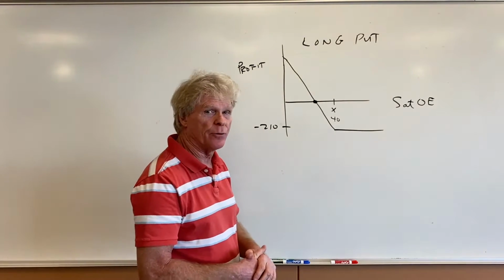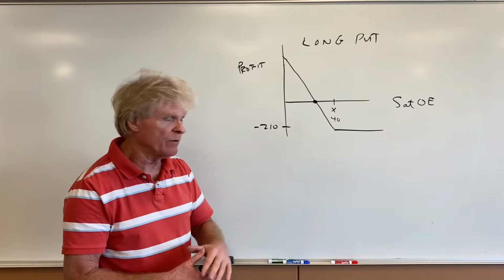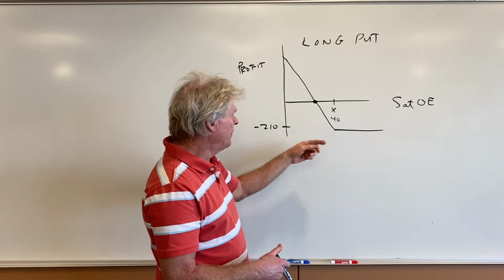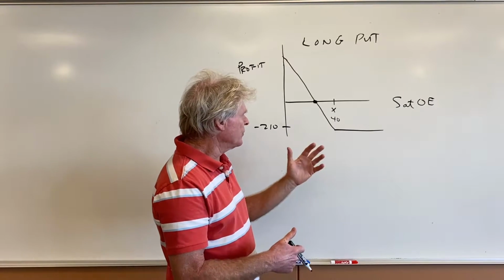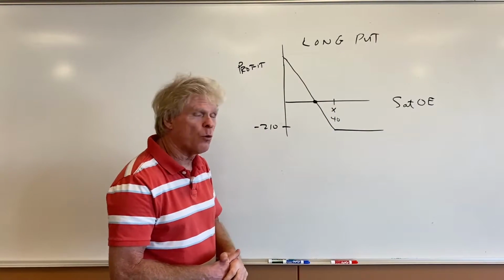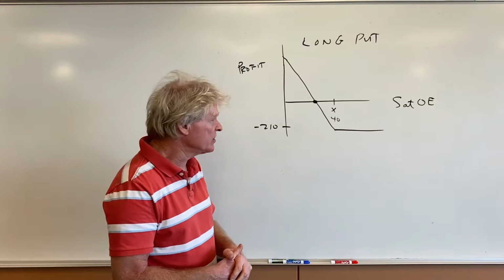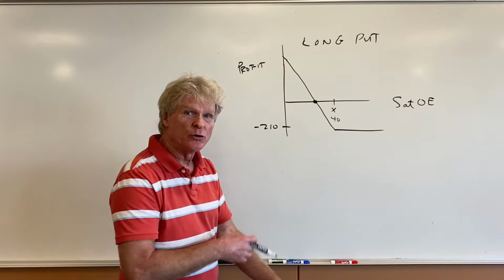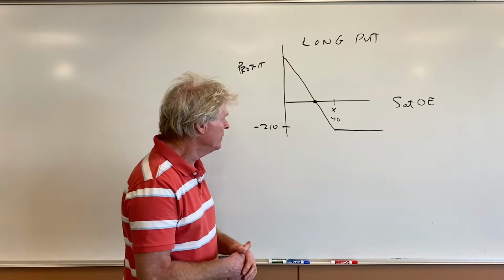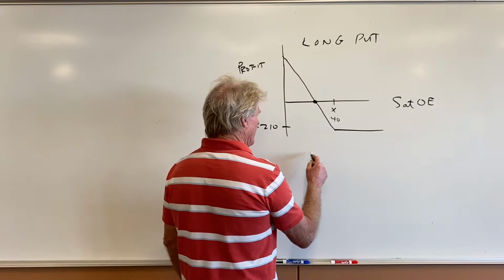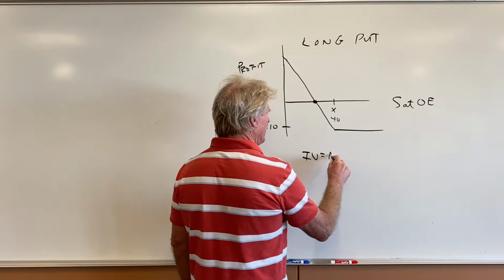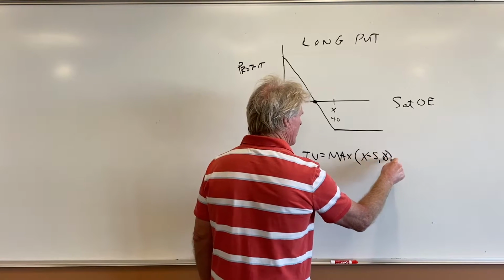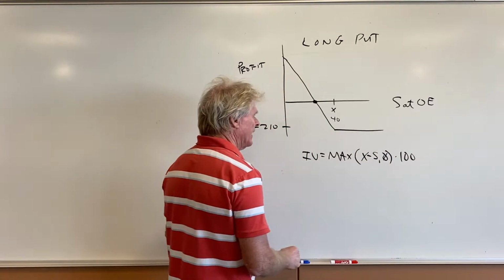Well, since the multiplier for the put is 100 shares, that means if the stock price were to decrease below 40 by $2.10, the value of the put would rise, would indeed then be $2.10 at option expiration. So again, remember that intrinsic value for a put is the maximum of X minus S, or 0, times 100, okay?